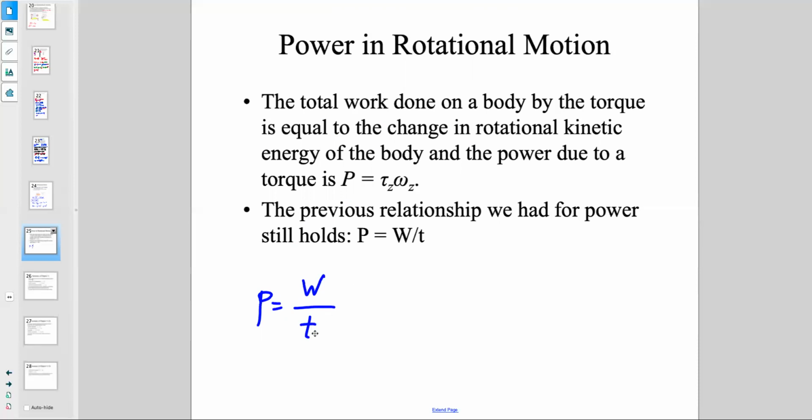Here it is joule per second, which we call watts. It is still the same relation. It does not matter what you're talking about. If you calculate work, and if you calculate the time that that work was done, if you divide them, you'll get the power, which is in terms of watts. Okay, but the power due to a torque will also have this type of relation as well.